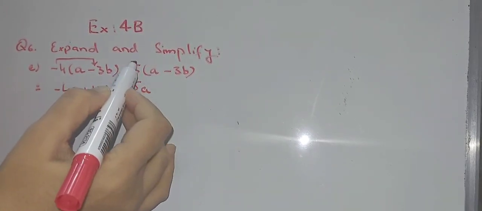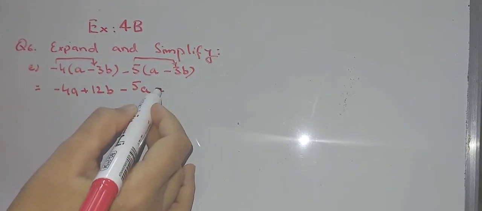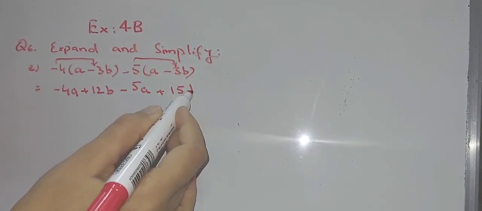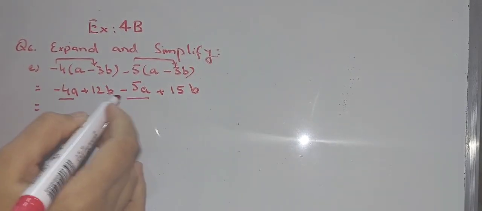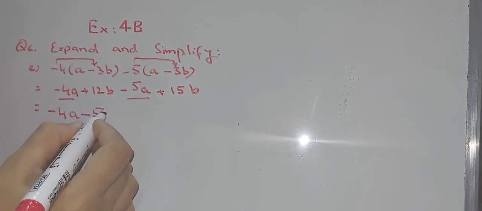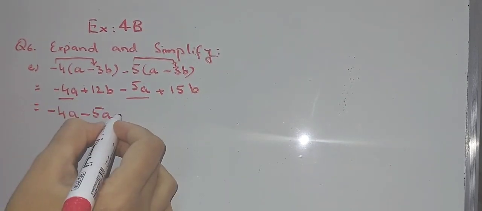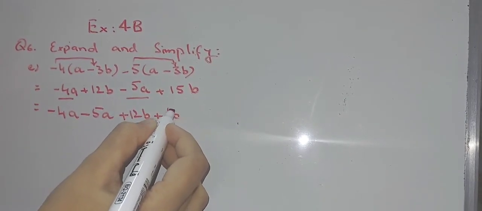And then this minus multiplied by minus 3b will become plus 15b. Now we have to arrange the like terms together. Minus 4a minus 5a, and then plus 12b, and then plus 15b.